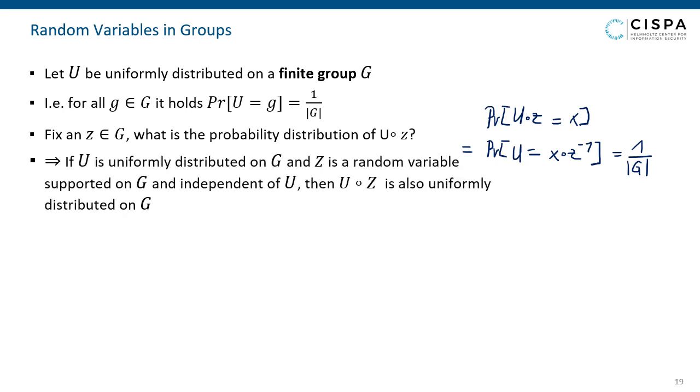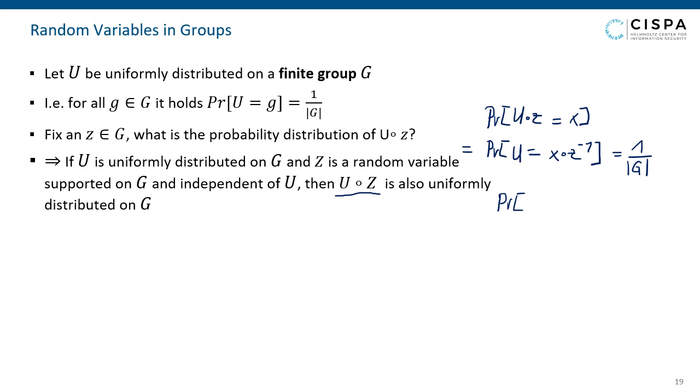Now we know that U is a uniform distribution, so this is just 1 over the group size. Good. So next, we want to ask what is the distribution of U times Z if Z is any random variable which is independent of U. So now it's not a fixed constant anymore, now it's a random variable. To analyze this distribution, we can just use the law of total probability.